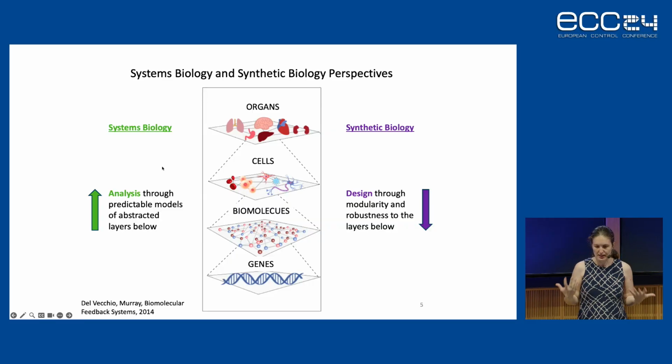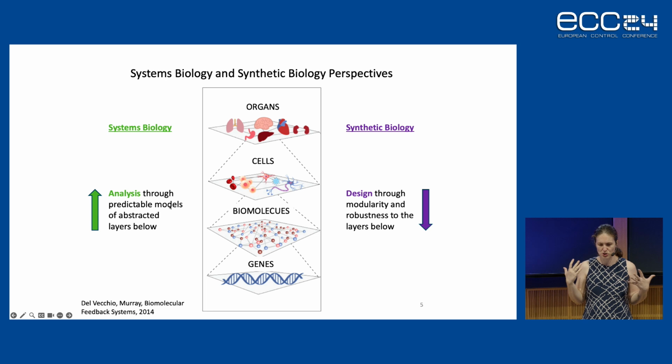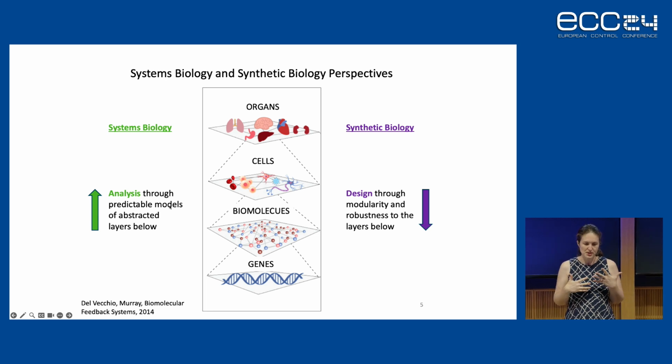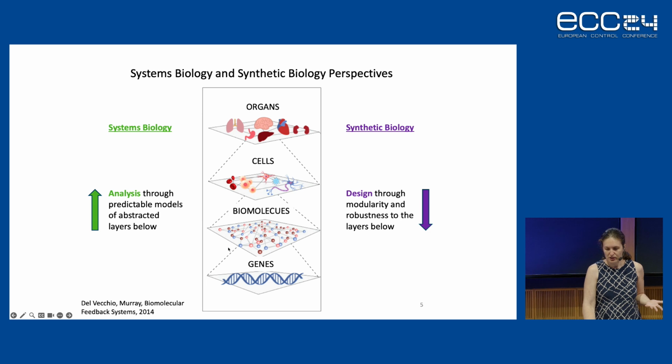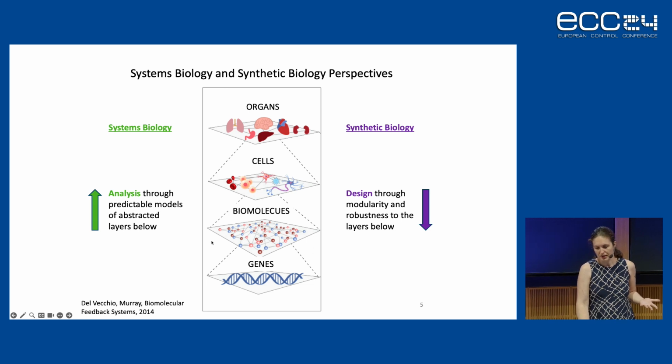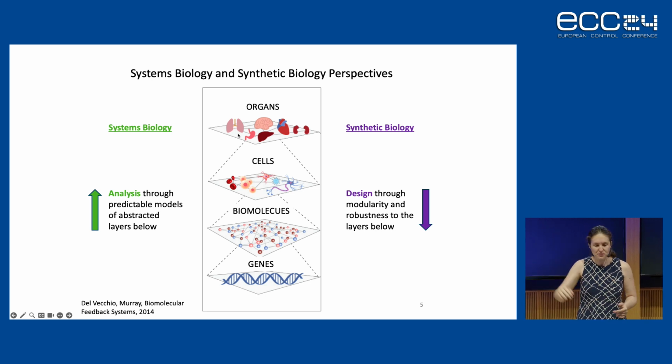Just to draw, again, a comparison between systems and synthetic biology perspectives, the way I think about it is that in systems biology, we try to do analysis through predicted models of abstracted layers below. So we don't need to know all of the details of every single biomolecule or gene to be able to tell what an organ does, because we've abstracted that away.